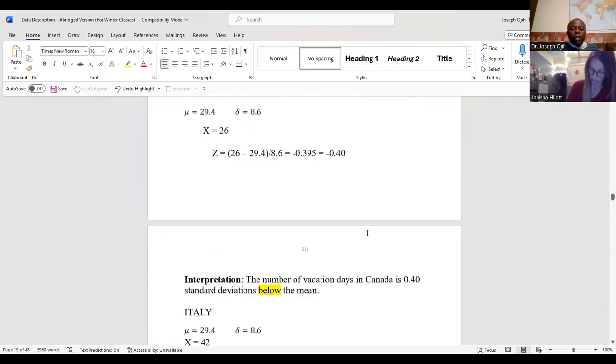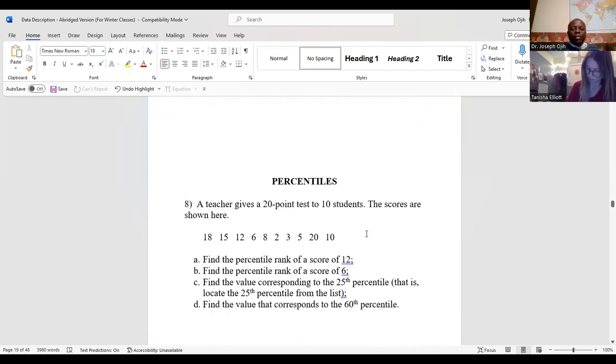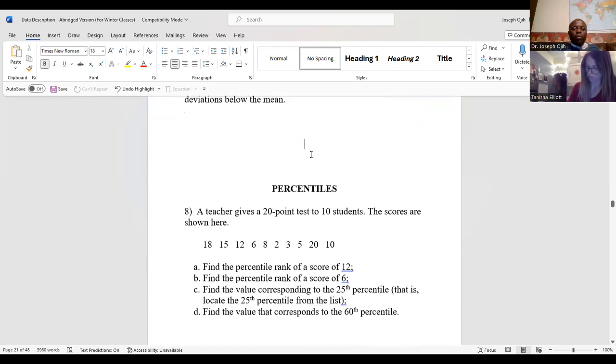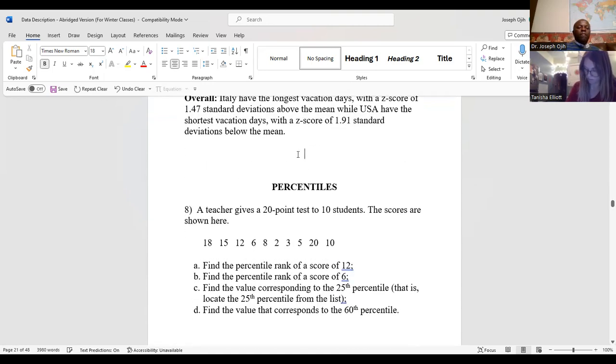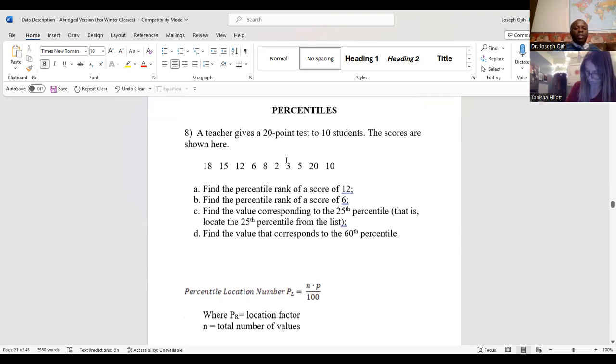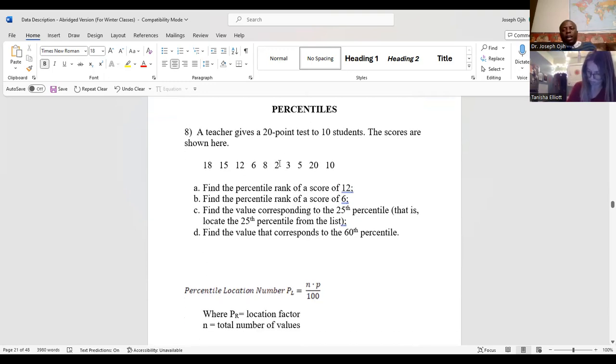Okay, good. Now, I look at percentile. Like I say, percentile divides the data set into 100 equal parts. Let's solve two examples that involve percentile. A teacher gives a 20-point test to 10 students. The scores are listed here.